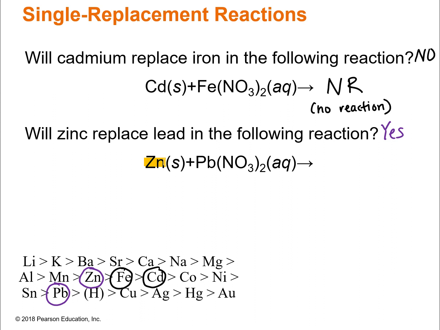We've got zinc here. And then we've got the lead 2, which is part of the lead 2 nitrate that's aqueous, right? With the replacement, the zinc is going to take the place of the lead. So instead of lead 2 nitrate, we now have zinc nitrate. And the lead is off on its own.